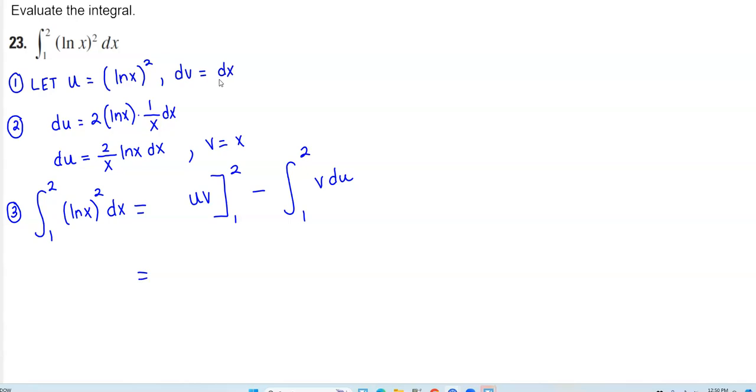So we know that u is the natural log of x squared, and v is x, minus the integral going from 1 to 2 of v, which is x, times du, which is 2 over x times the natural log of x, and that's dx.